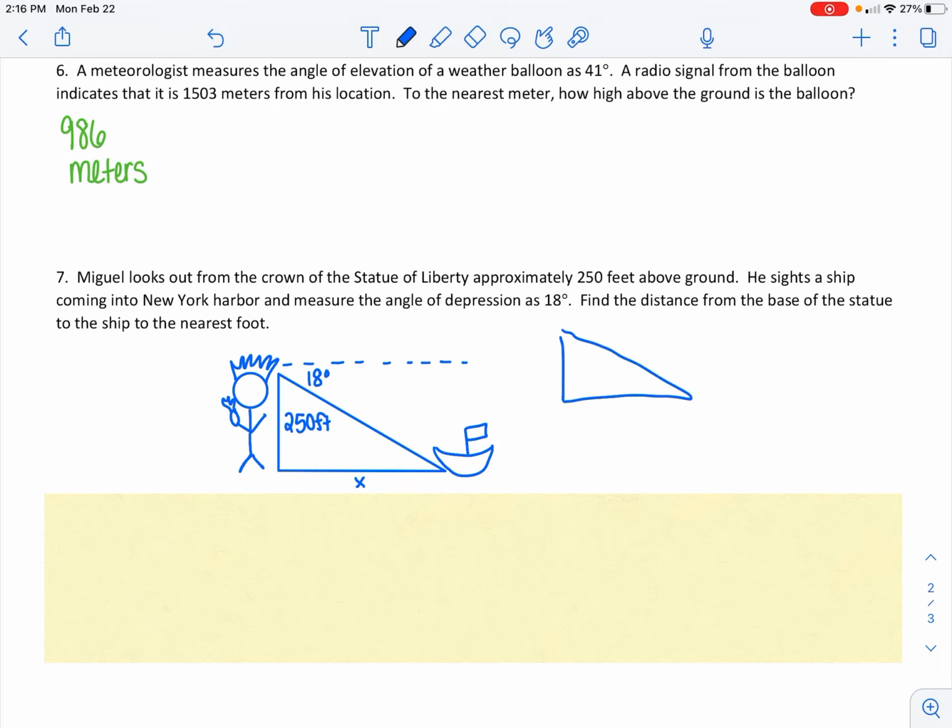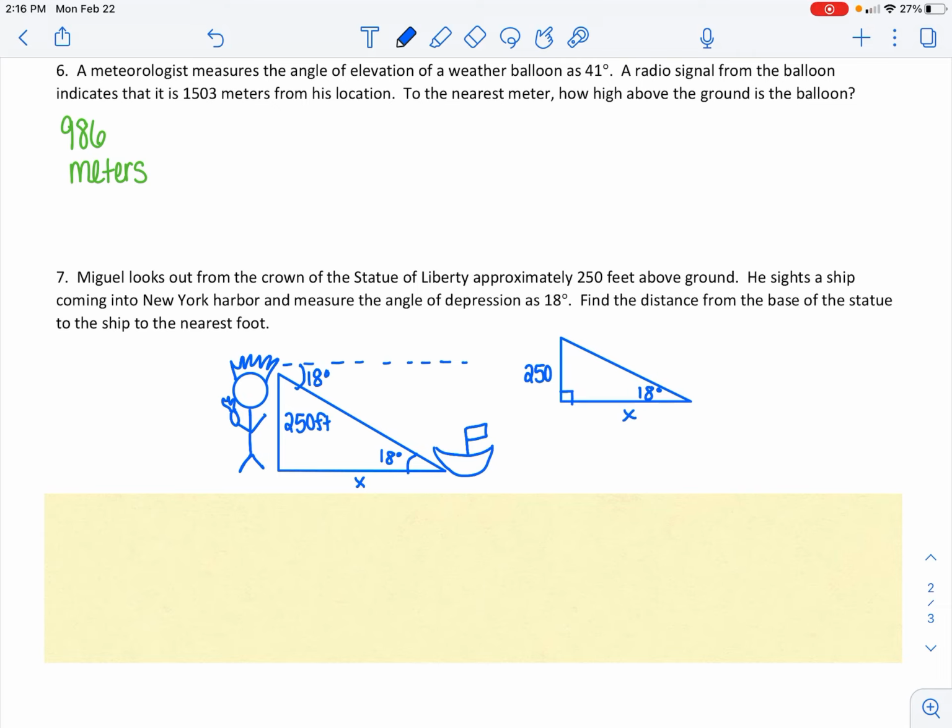Okay, so if we have that, then what we're going to have to do, since we don't have an angle in our triangle, we have 250 and we have X, but we have no angle besides our 90. We have to then take this 18 and put it down here as well, because those are what we call alternate interior angles.